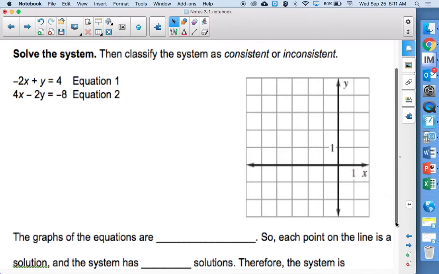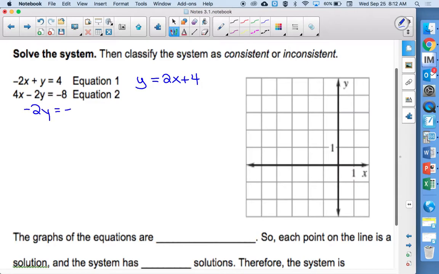So solve the system, get y by itself, and classify it. You can probably tell without even graphing it, once you get your equations in y equals, what type of system you would have.